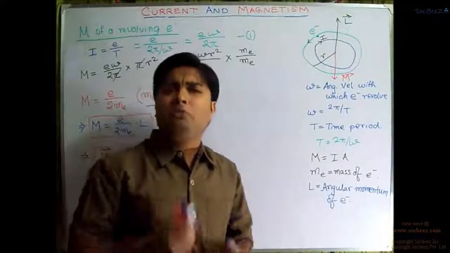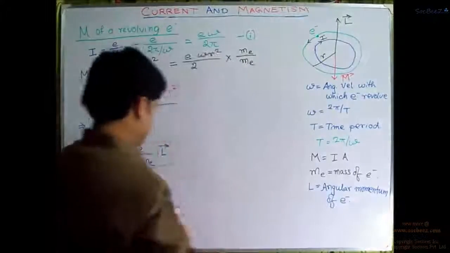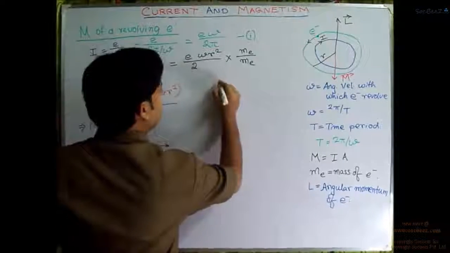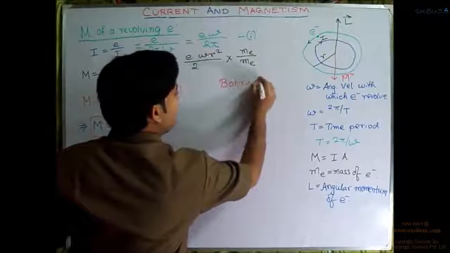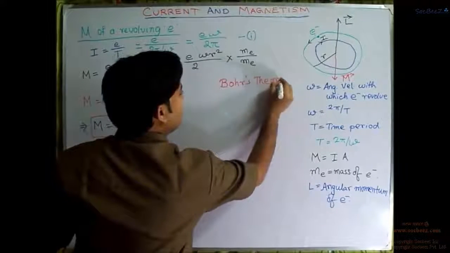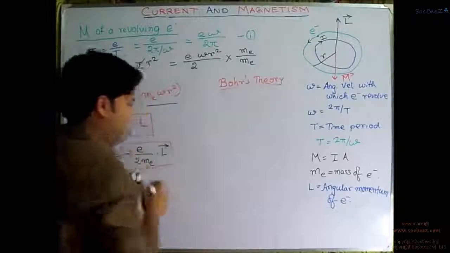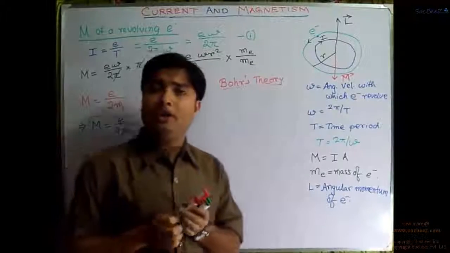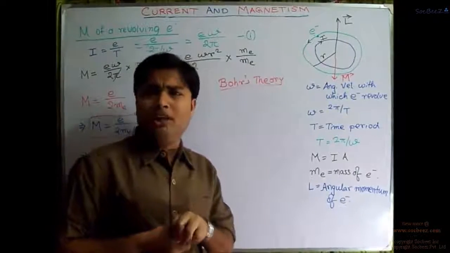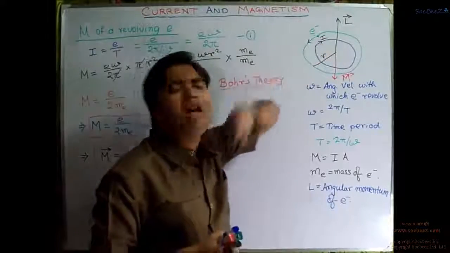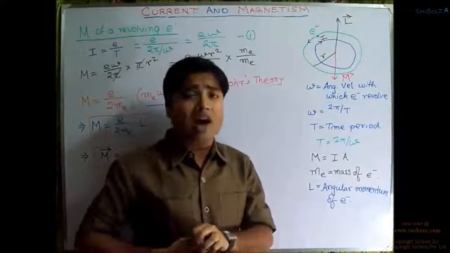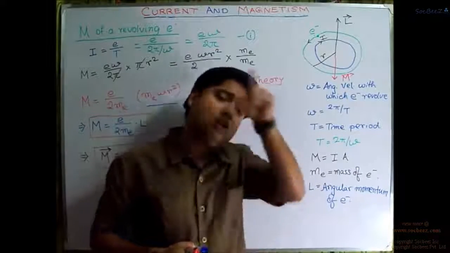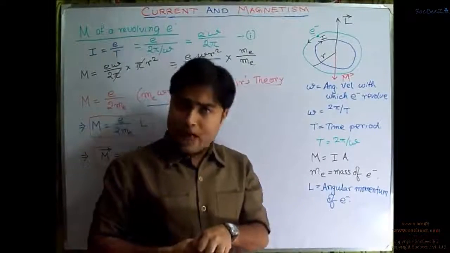Now, according to Bohr's theory, the electron is allowed to revolve around a particular orbit, right?